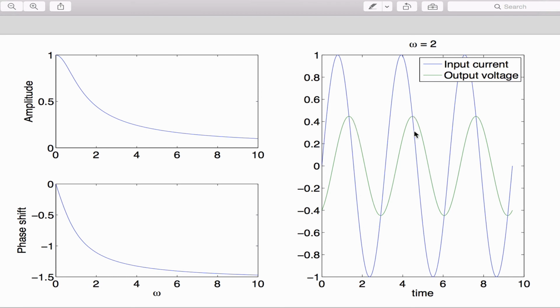So we see that the amplitude has been diminished because this capacitor is soaking up that current and holding it for a little while before it gives it back to the resistor, and it's also delayed. So this is an example of a Bode plot, an amplitude and phase shift double plot.